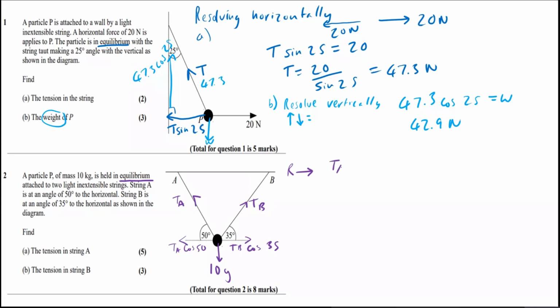So we're going to get TA cos 50 equals TB cos 35. So we can say TA cos 50, once we divide both sides by cos 35, over cos 35 equals TB.